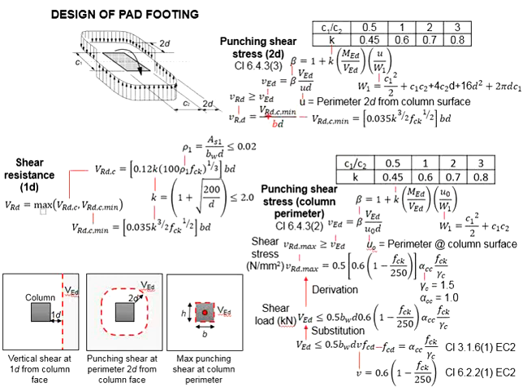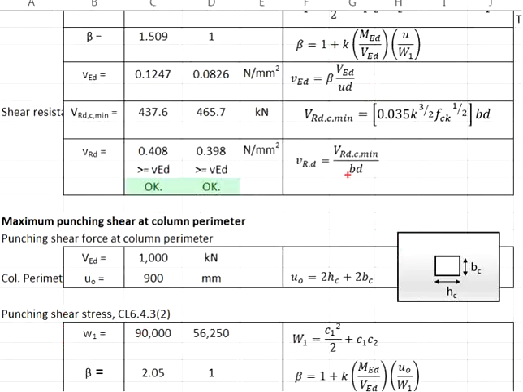And where does this bd come from? This bd comes from the bd here. In other words, the punching shear resistance here is actually equal to this part of the formula. The b here depends on the axis that you are looking at. Let's say you want to determine the shear resistance in the major axis.